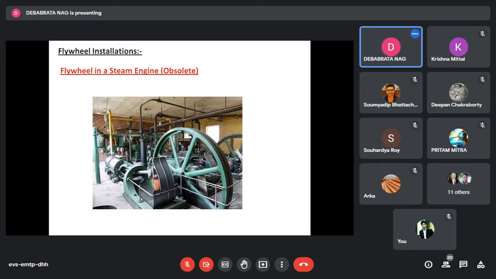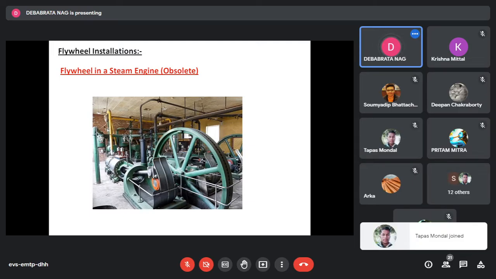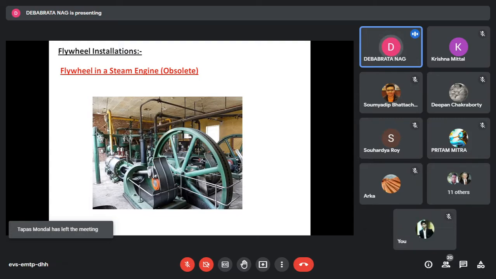This device is termed the flywheel. So how do we define a flywheel? It is a massive body whose mass is normally distributed far away from its axis of rotation such that it has a large mass moment of inertia about that axis. Why it requires a large moment of inertia we will come to later.